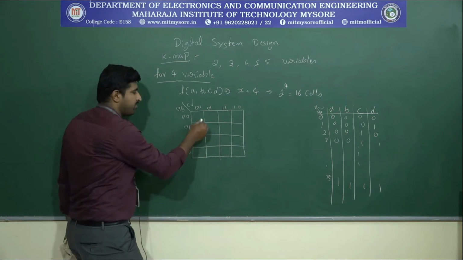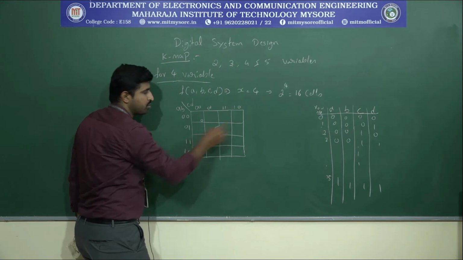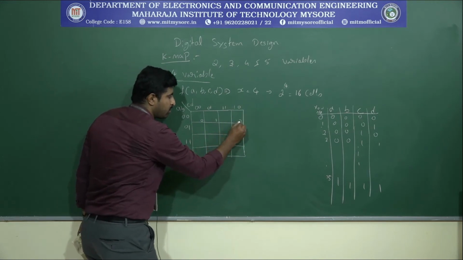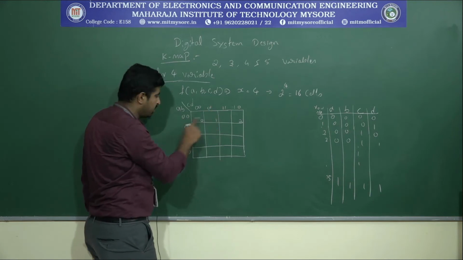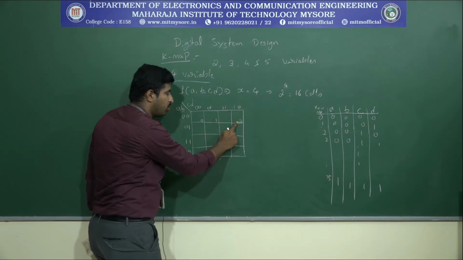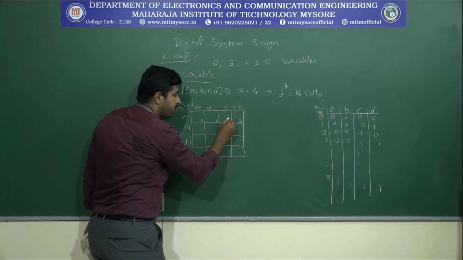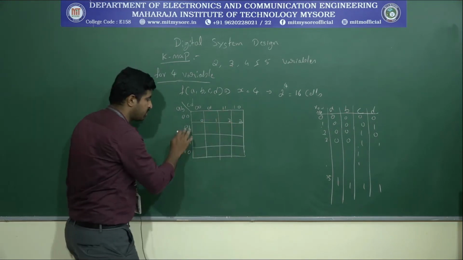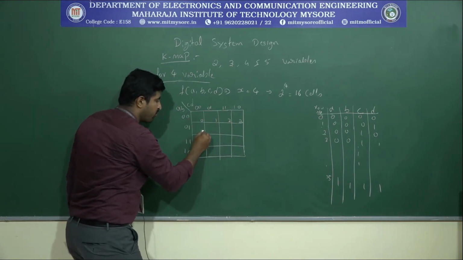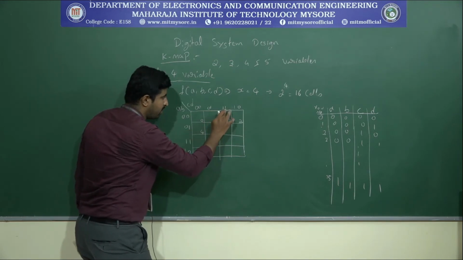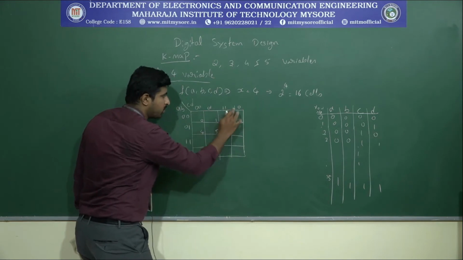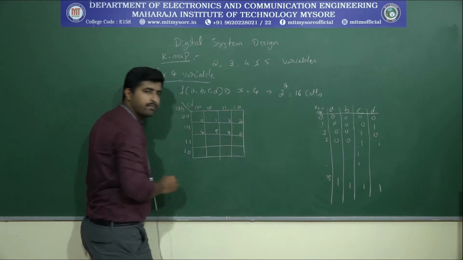So that is why the first cell corresponding to row number 0 is 0 0 0 0, next 0 0 0 1, then 0 0 1 0, 0 0 1 1, that is cells 0, 1, 2, 3. Next 0 1 0 0 is 4, 0 1 0 1 is 5, 0 1 1 0 is 6, 0 1 1 1 is 7.